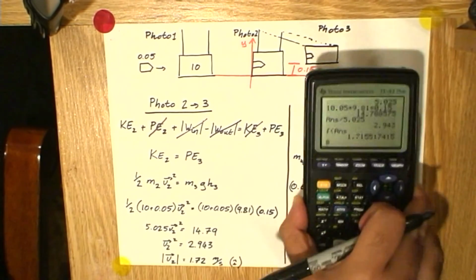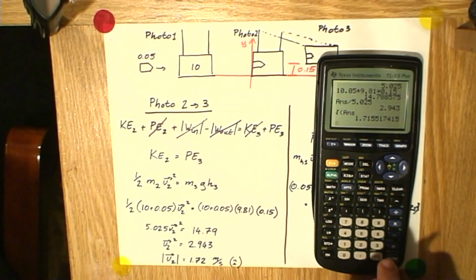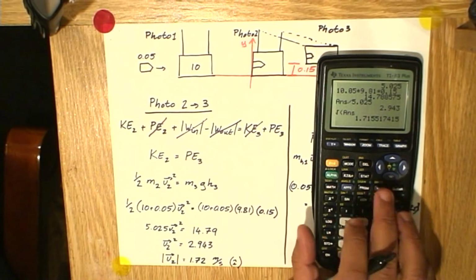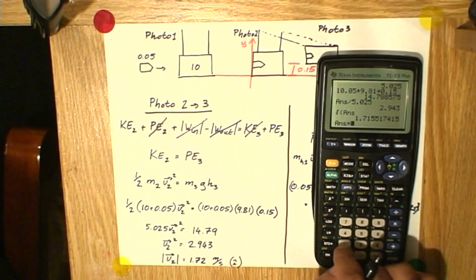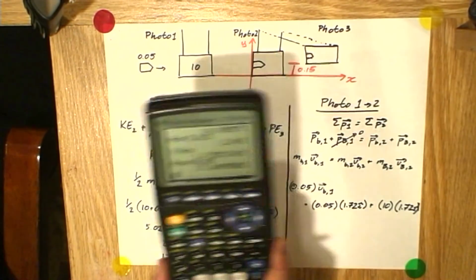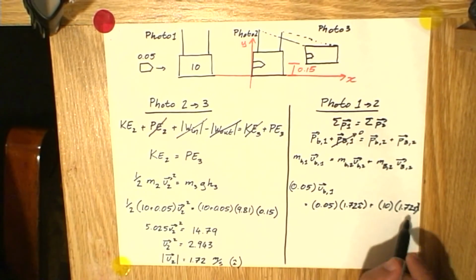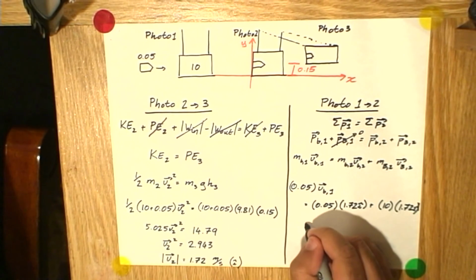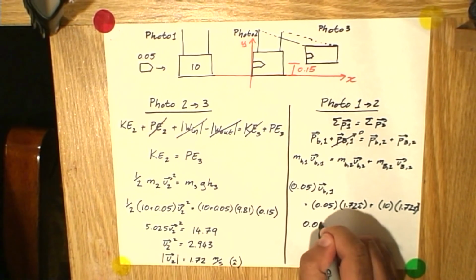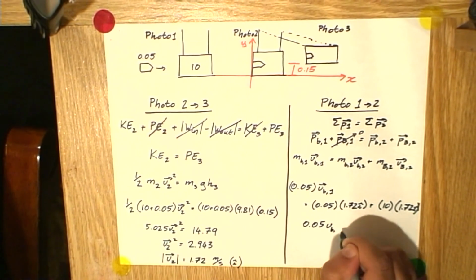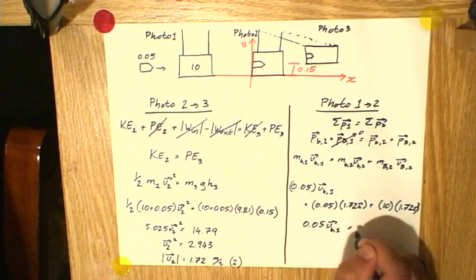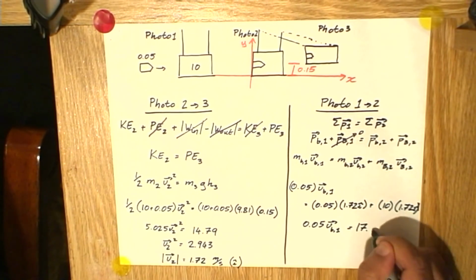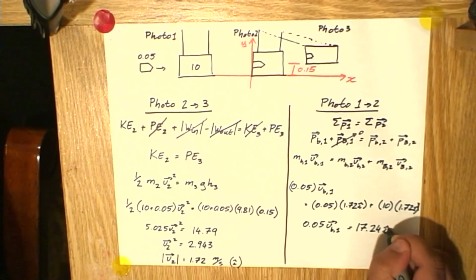Okay, so let us take this 1.72 and multiply it by the total mass, which is 10.05, and that'll give us the total momentum on the right side immediately after the collision. So that gives us 0.05 times the velocity of the bullet in photo 1 is equal to 17.24 I hat.